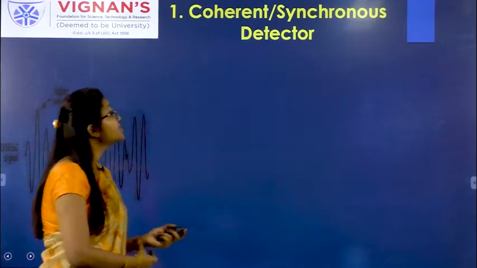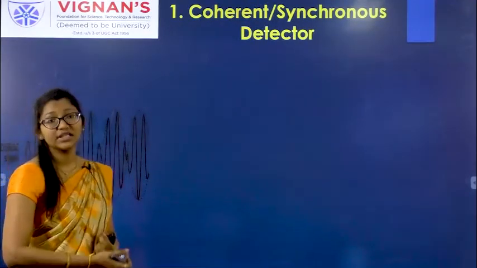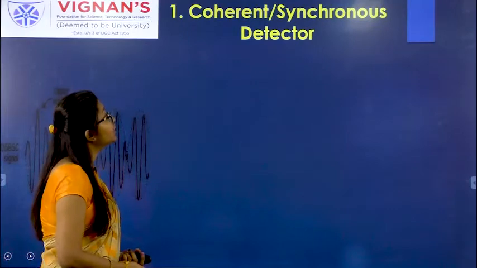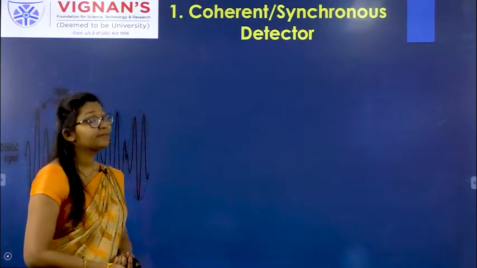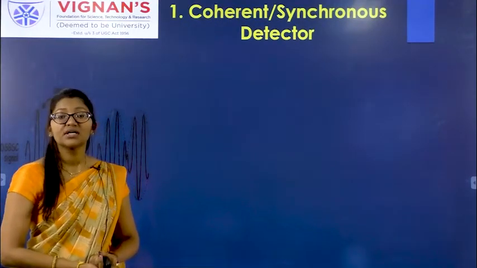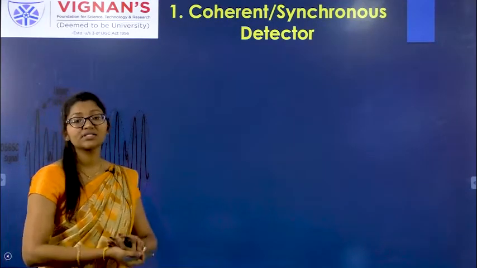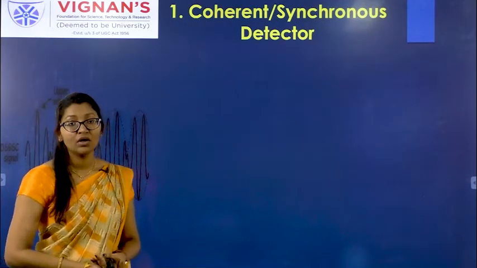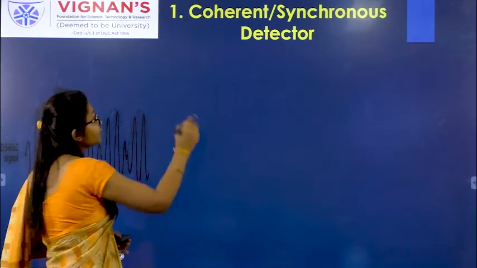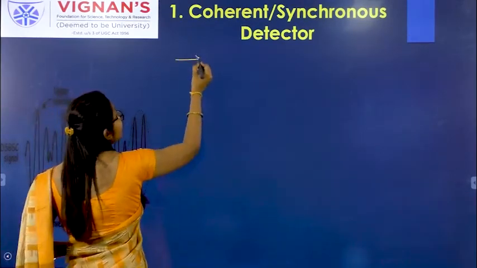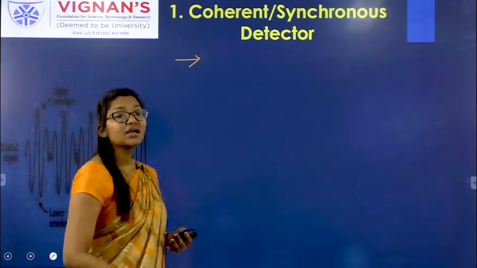So first one was coherent or synchronous detector. So what is the meaning of synchronous? Synchronous means there must be a synchronization between transmitter side and receiver side. The main condition you have to remember here is that it is synchronous.